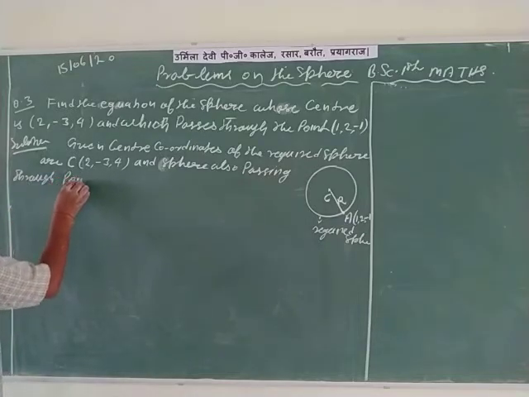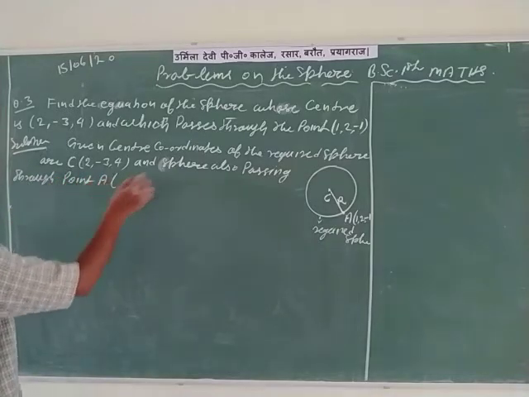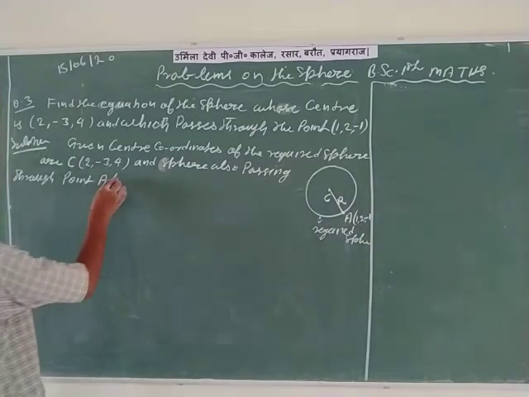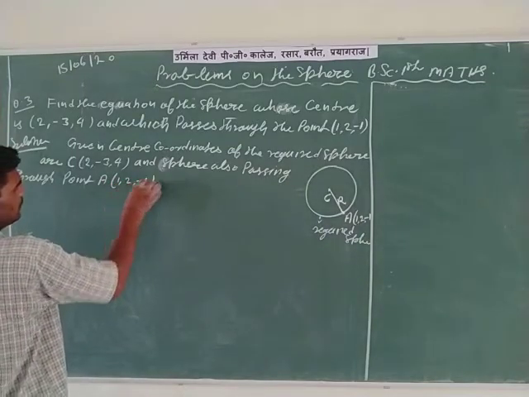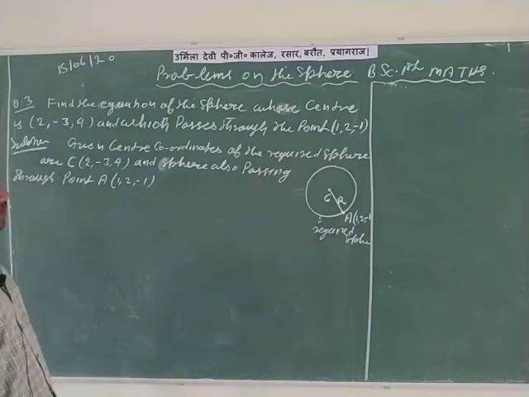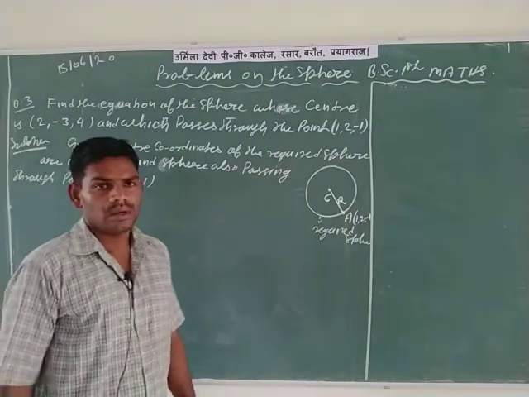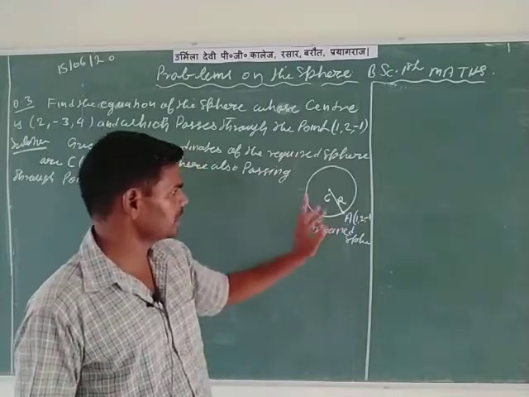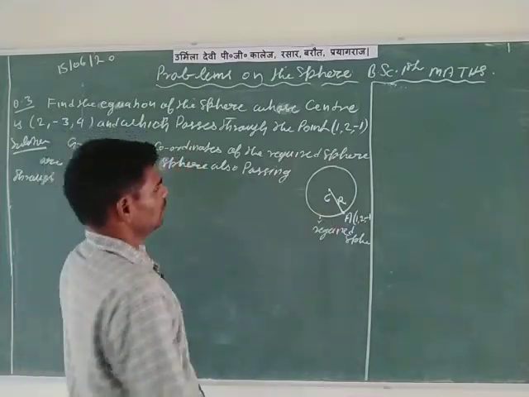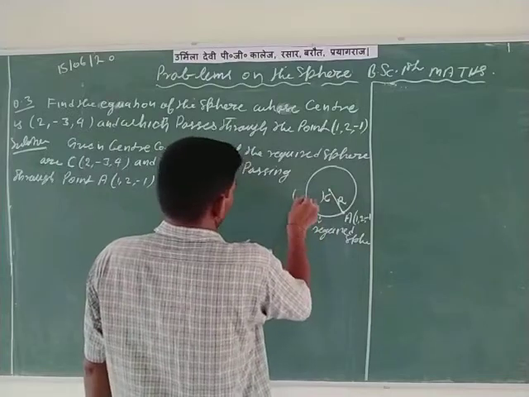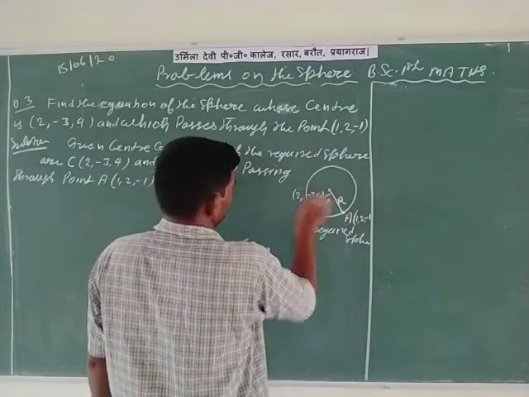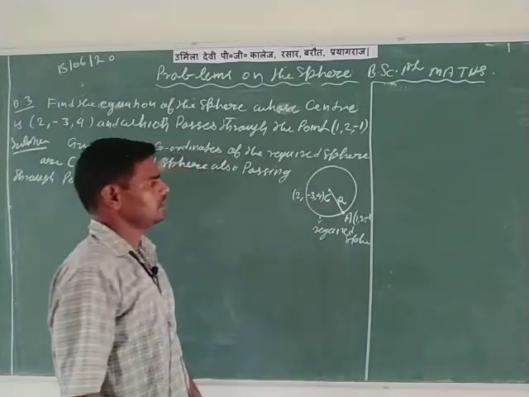point A. Suppose the given point is denoted by A, whose coordinates are 1, 2, -1. So it is clear that the required sphere is passing through point A and has center C. The coordinates of C are 2, -3, 4.